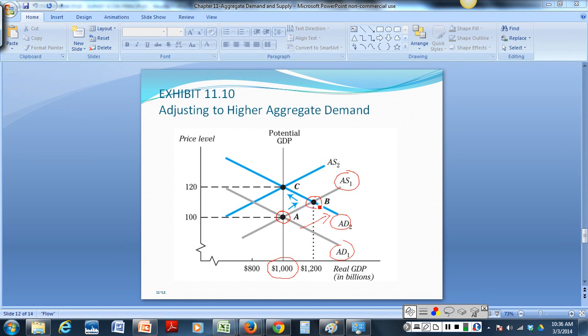At point B, classical economists would say it is possible to supply more real GDP of 1,200 at a higher price, right? It's $110, let's say. And the suppliers will supply more at a higher price because the wages they pay their laborers do not go up, as they are contractually obligated to work for the same money.